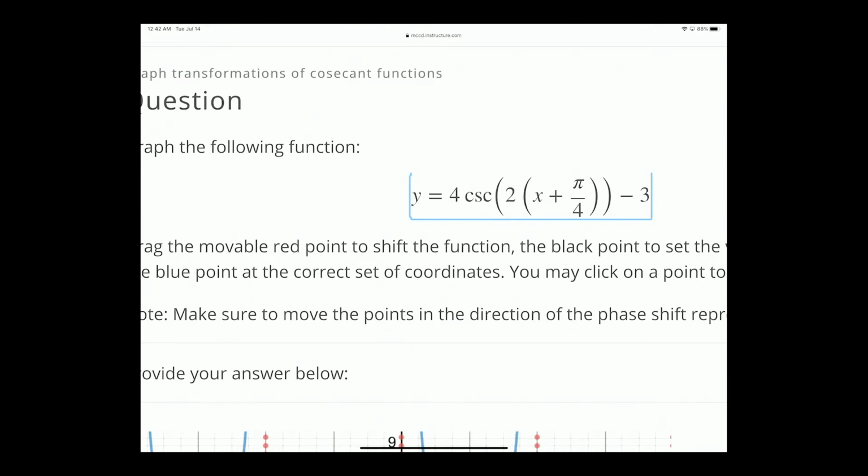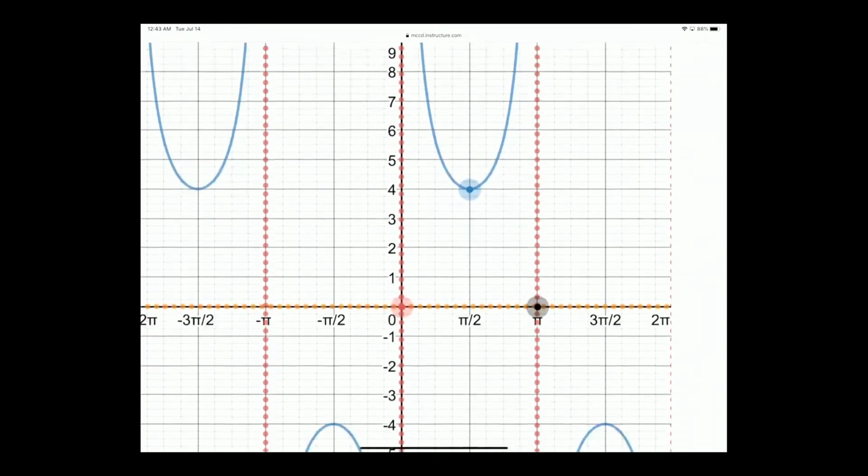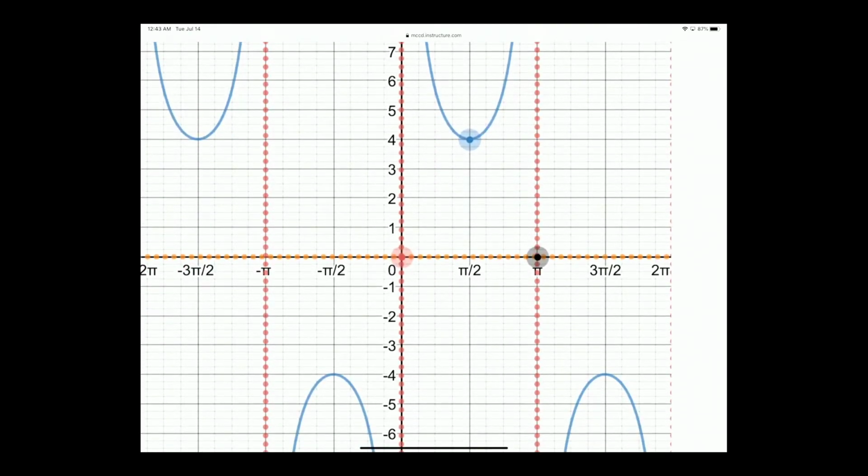Now I see the 2. That 2 is where you have horizontal stretch or compression. It's a 2, that means twice as skinny. So I need to grab the blue point and drag it to the left to make it twice as skinny. Right now the blue point is at pi over 2.